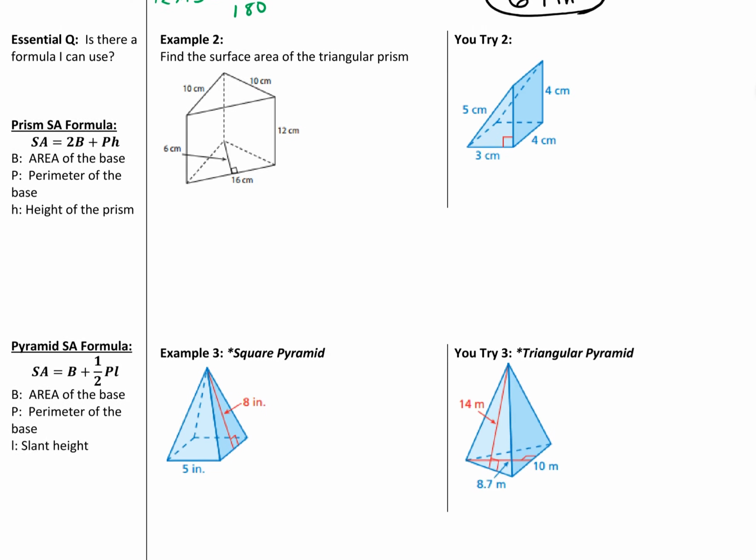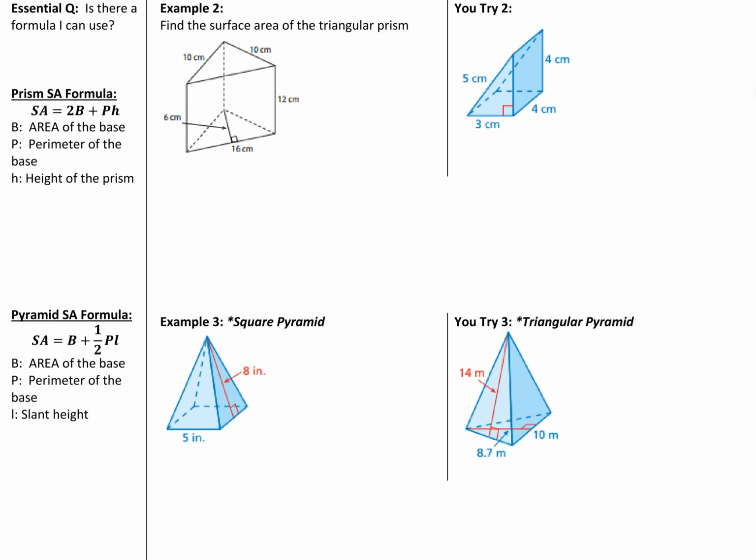We can also look at triangular prisms. So the same idea, we always want to start with the base. So I'm going to highlight this in red, and I want to find just the area of the triangular base. And on a triangular prism, keep in mind there are going to be 2 triangular bases.